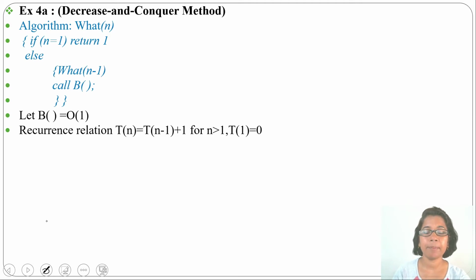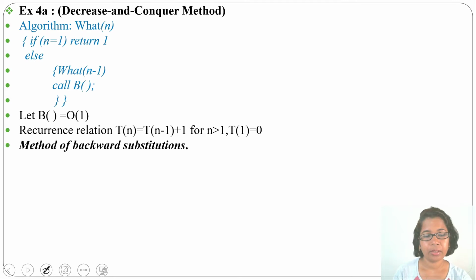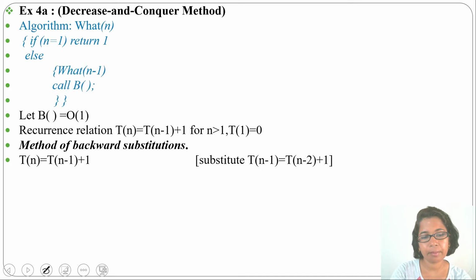Next I will apply the backward substitution method for finding the order of growth. The recurrence relation is T(n) = T(n-1) + 1. Now in place of T(n-1), I can substitute T(n-2) + 1.